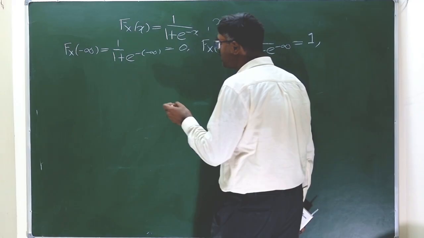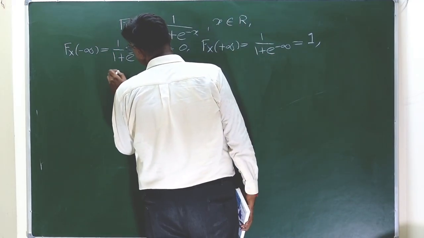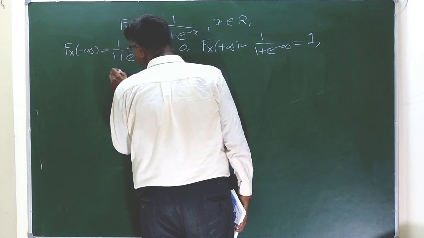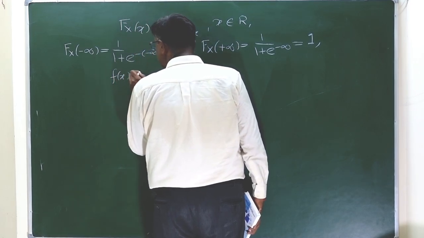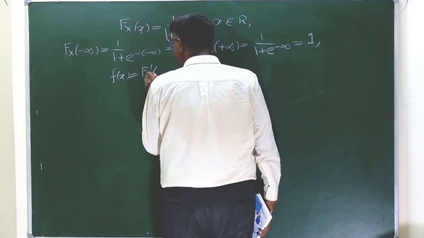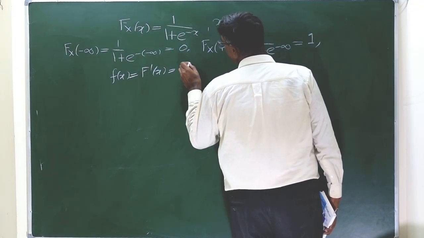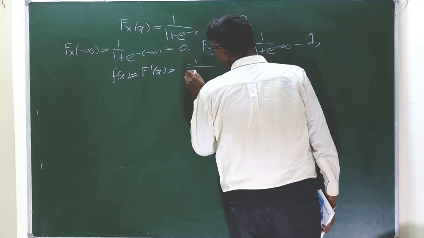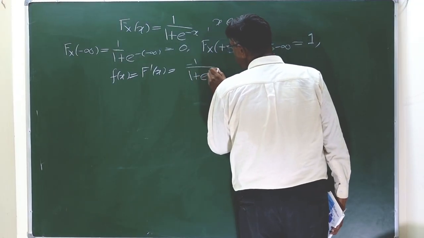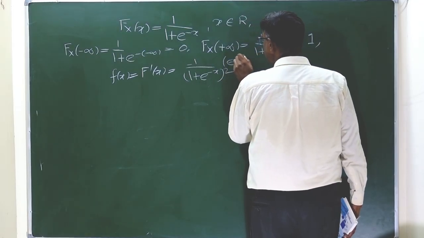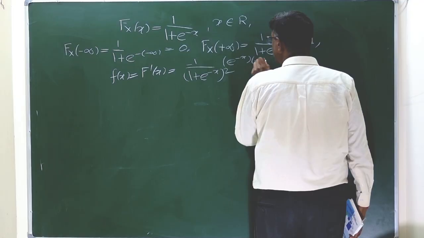Now to establish that F(x) is a non-decreasing function, we take the derivative of F(x), which is F'(x), which comes out to be minus 1 upon (1 plus e to the power minus x) whole square, times e to the power minus x and minus 1.